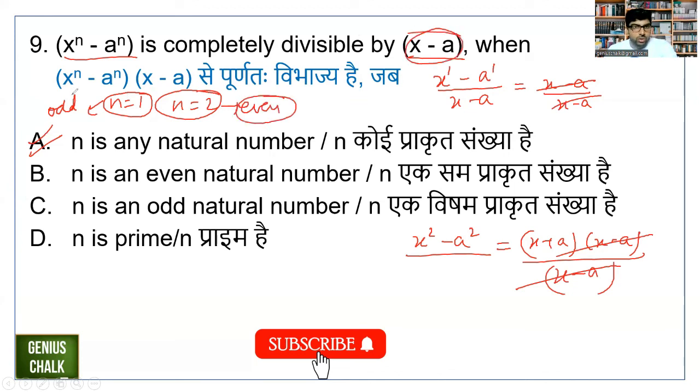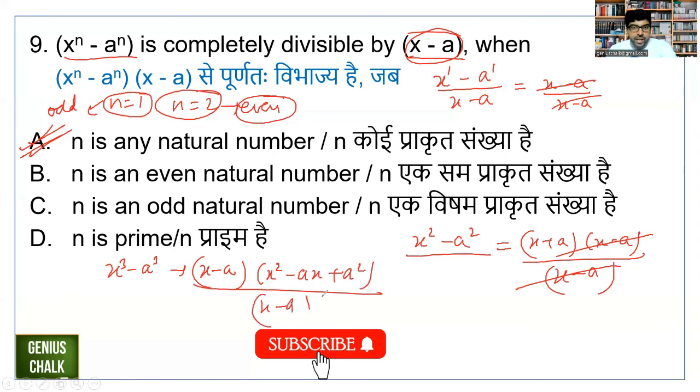So what is the answer? n can be any natural number. Even if you take x cube minus a cube, you know the formula, a cube minus b cube, a minus b, then a square plus ab plus b square. So you can see this is also divisible by x minus a. So this is also correct. So this is valid for any natural number, right?